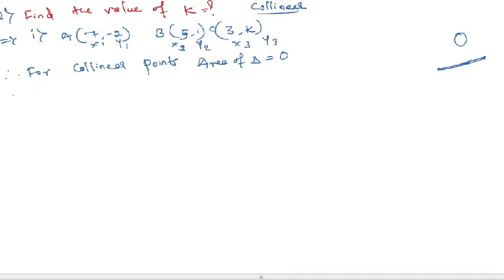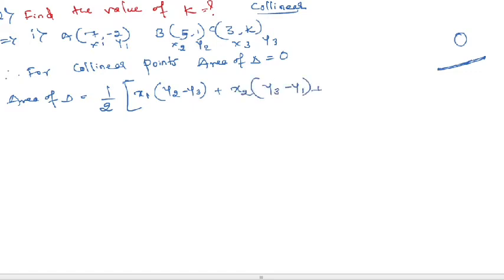The area of the triangle formula is half in the bracket x1 (y2 minus y3) plus x2 (y3 minus y1) plus x3 (y1 minus y2). Substitute the values and we will get the value of k. The area of the triangle here is 0, so 0 is equal to 1 by 2 in the bracket.